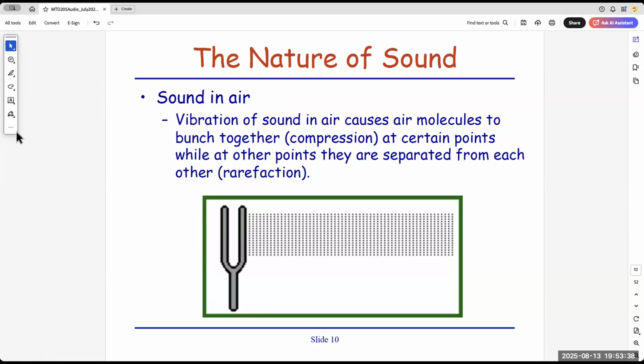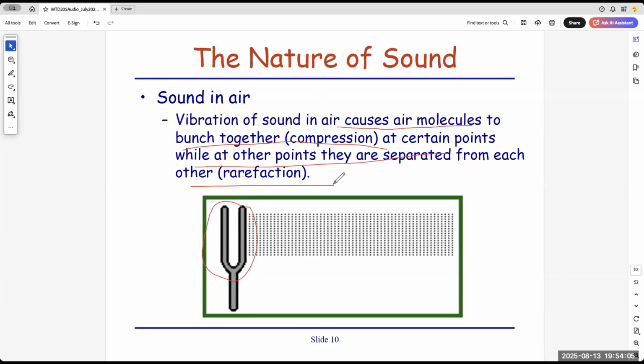So if you have this tuning fork and try to do some compression and then relaxation, this compression and relaxation causes the vibration of sound in air, causing the air molecules to compress together at certain points, while other points are separated out from the others.